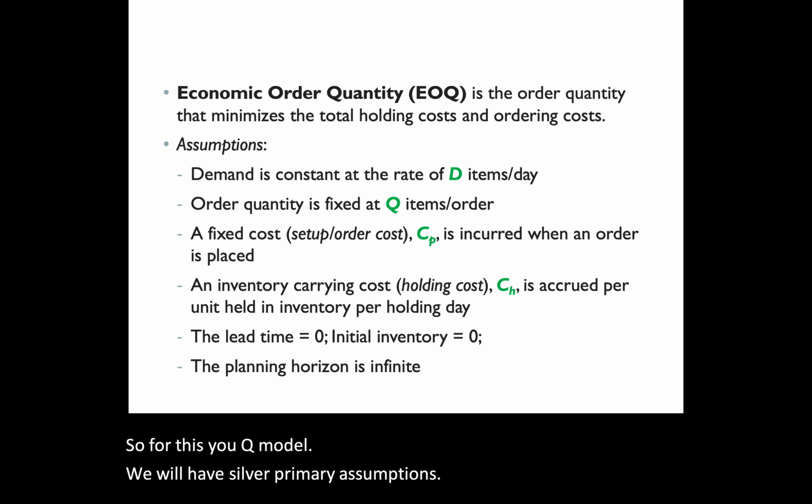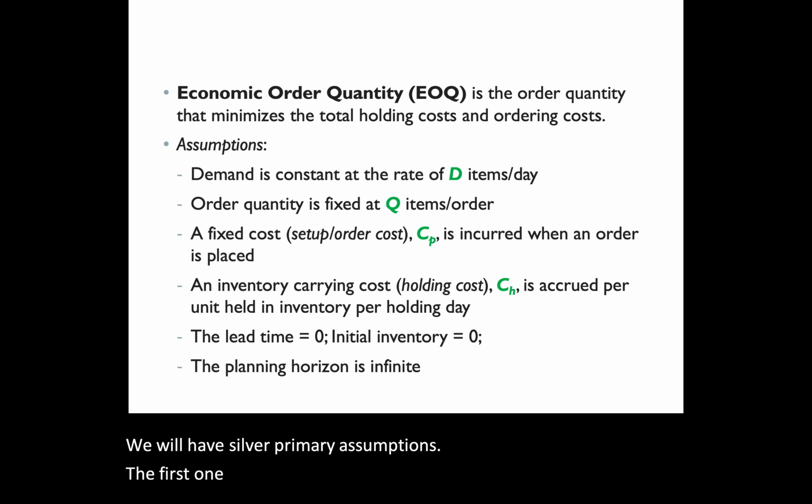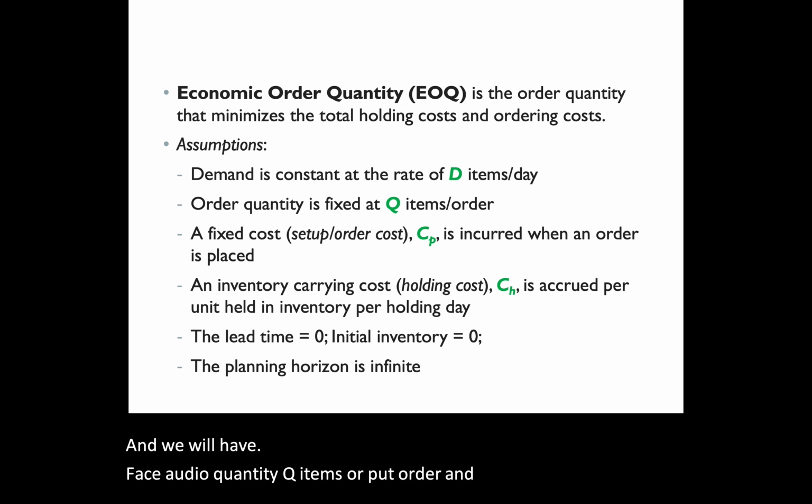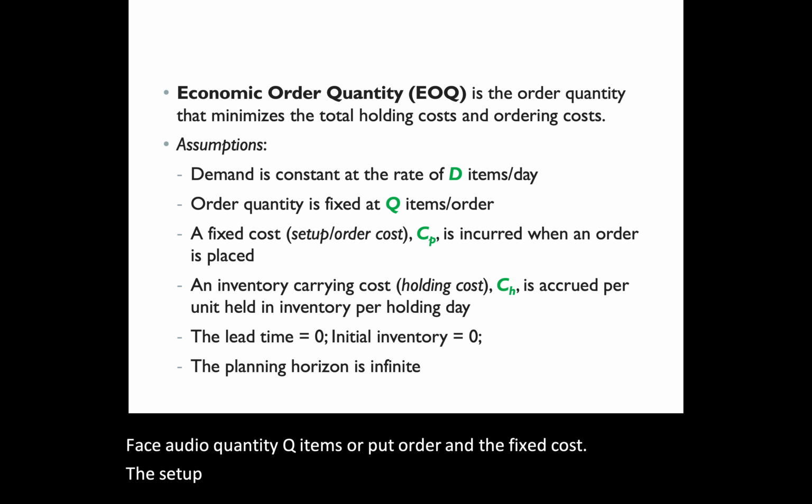The first one is demand is constant at the rate of D items per day. And we will have the fixed order quantity Q items per order. And the fixed cost, or the setup or ordering cost CP, is incurred when an order is placed.